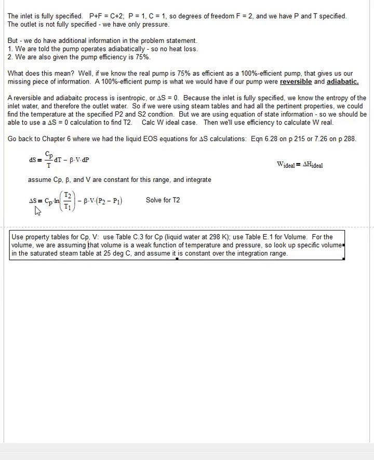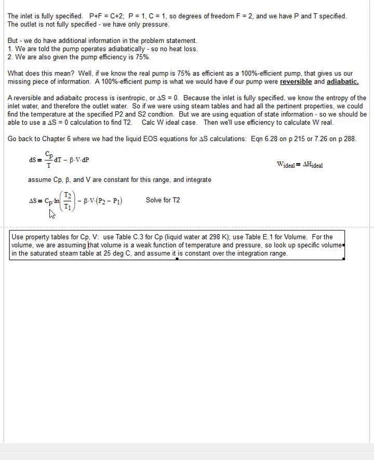So in this equation, what I've done here is I've just taken the fundamental property relation we had in chapter 6 or chapter 7, and then we integrated it. When we did the integration, we assumed that Cp is constant. Now, is Cp constant? Technically not.